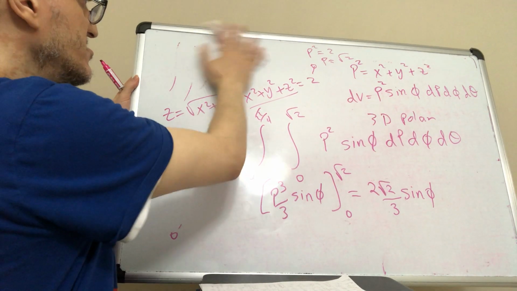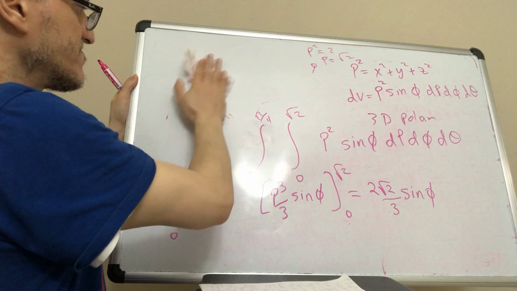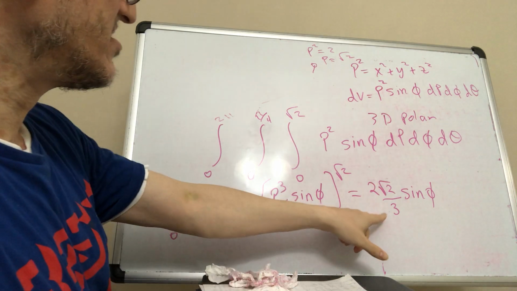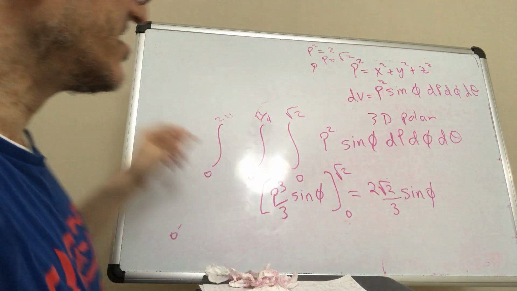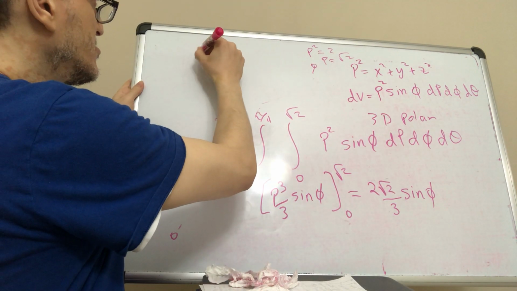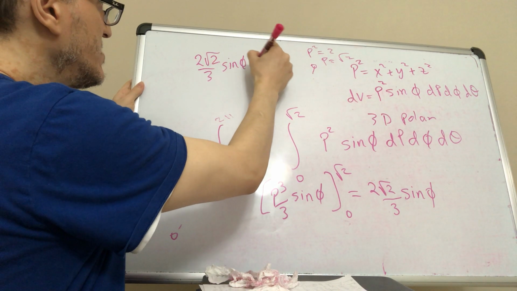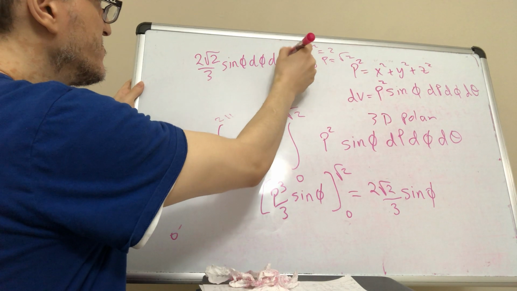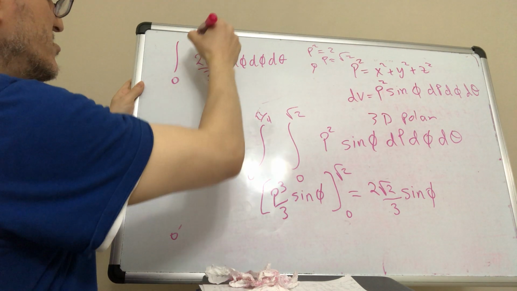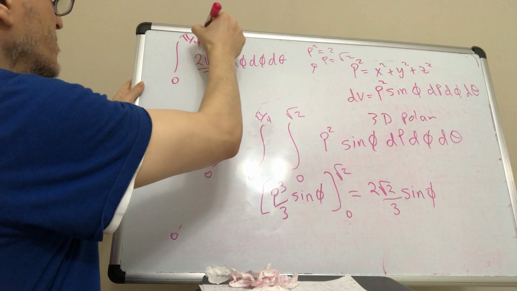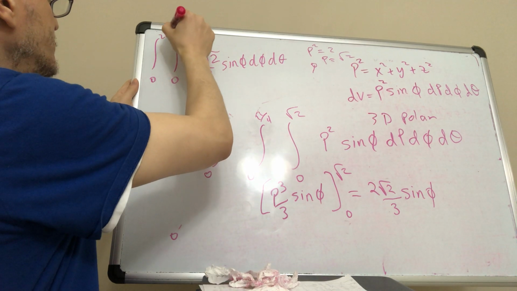So I'm going to erase some of this. I know that I'm integrating this d phi d theta. So 2 root 2 over 3 sine phi d theta, phi from 0 to pi over 4, theta from 0 to 2 pi.